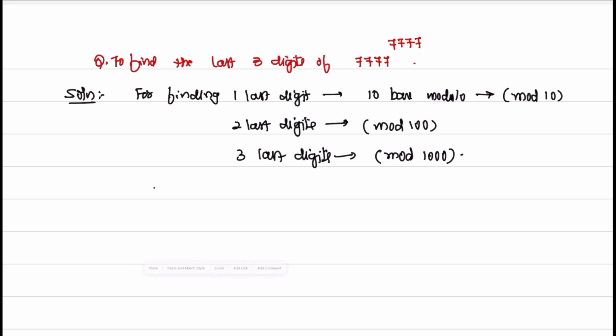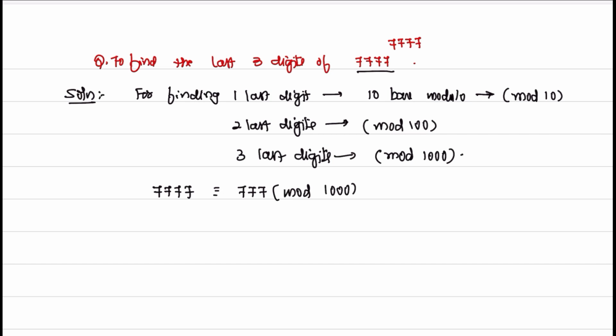Then 7777, this is the main number, will be equivalent to 777 mod 1000. That means whenever we divide 7777 by 1000, we get a remainder of 777.